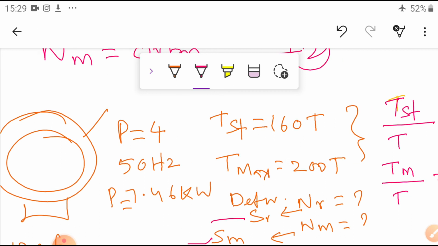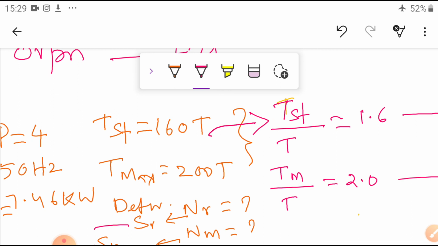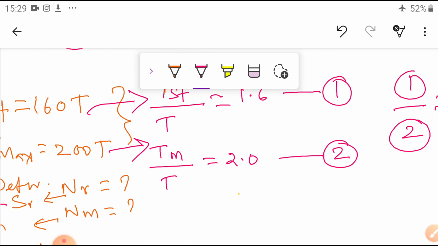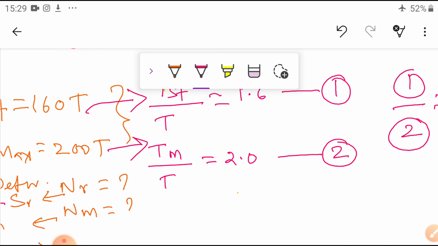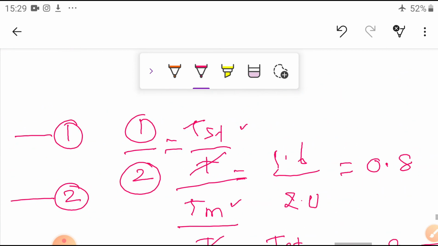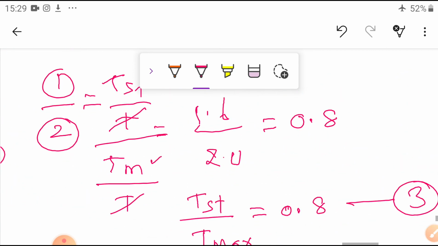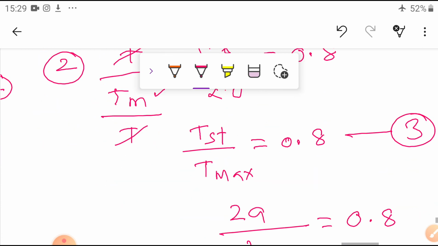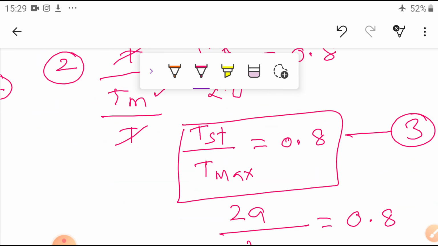I converted this equation into this one, because based on it I require the starting by maximum torque terms. I know this well-known formula, T starting by T max.